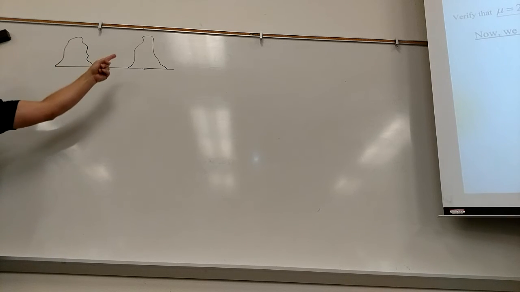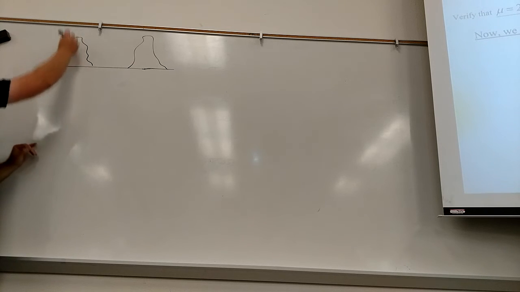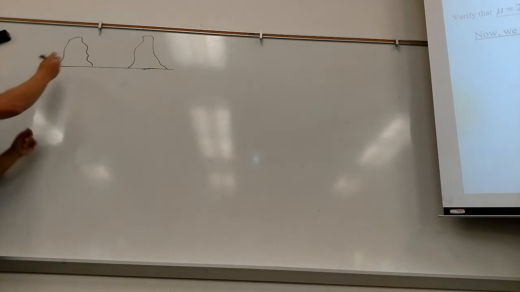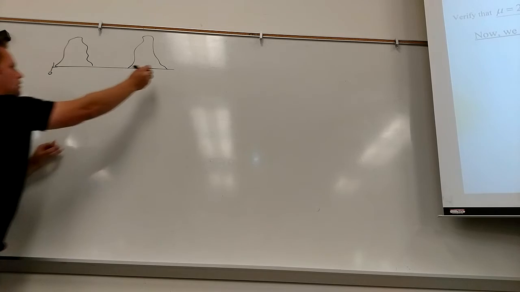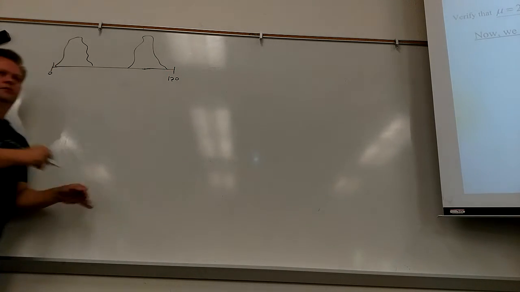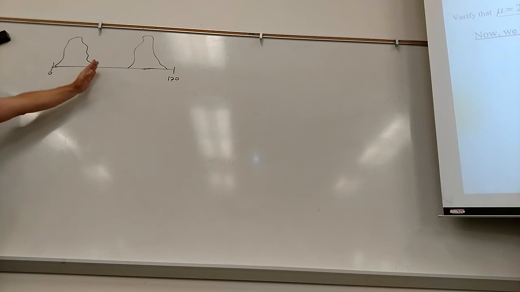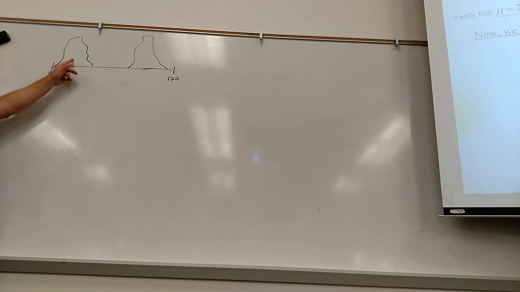How would I have made this picture? Where did this come from? What does this mean? That's the tallest point. So these are ages, right? Let's say this is from 0 up to 120. So if you live to be 120, 60 would be middle age. How would I have made this picture?